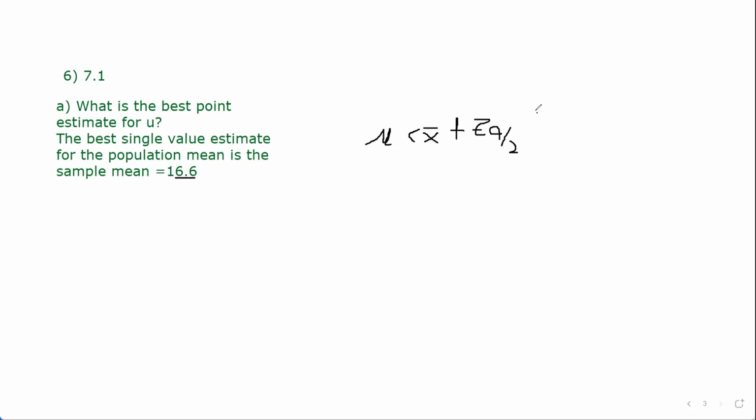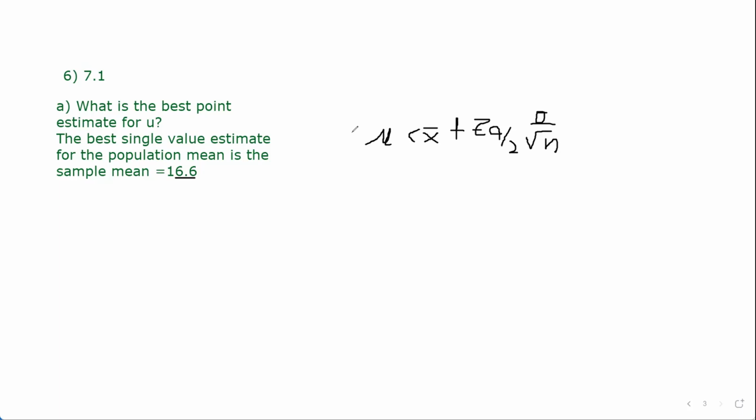And this is sigma over the square root of n. It looks intimidating, but this piece is the same as the other side of it.